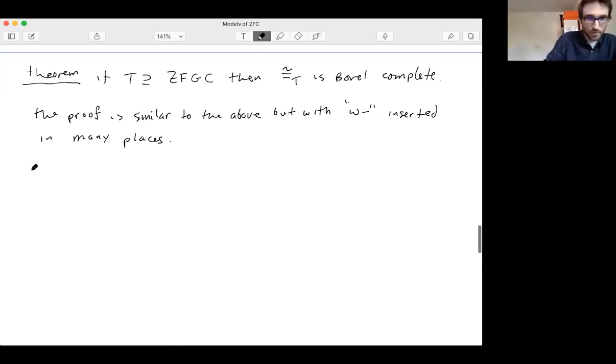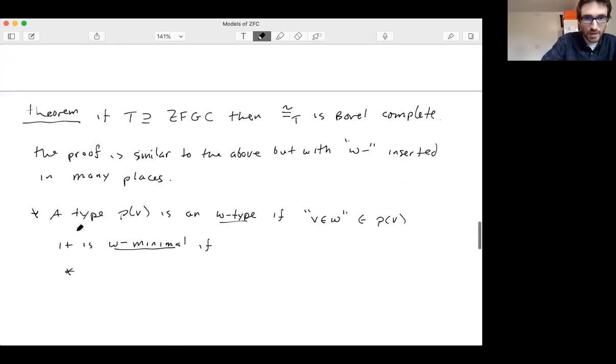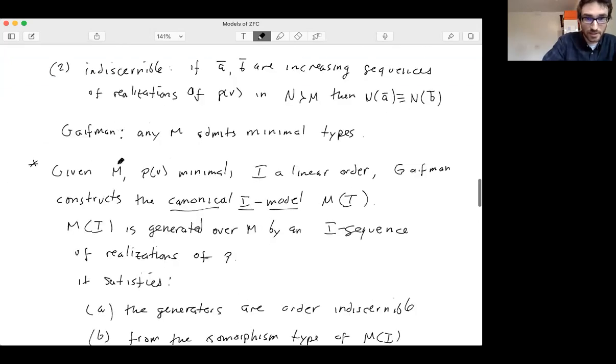So, for example, I don't want to spend too much time here. A type P of v is an omega-type if v is in omega, is in P. It is omega-minimal if, again, minimal was unbounded and indiscernible.